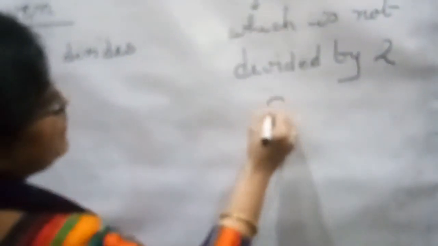An even number is one which is divisible by 2. An odd number is one which is not divided by 2. For example, we have 9 here, and for example 4, 6, these are even numbers.